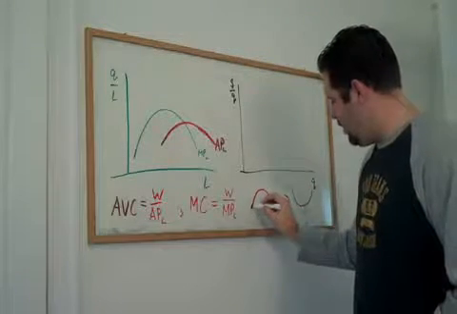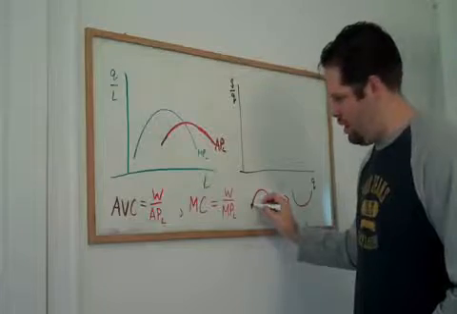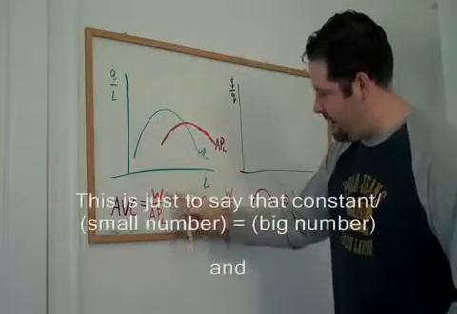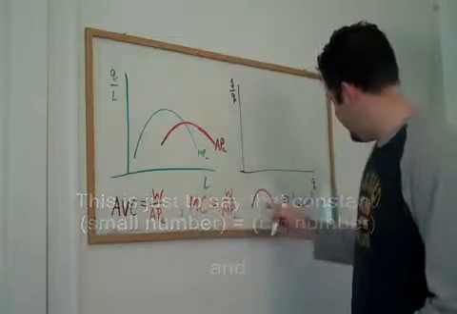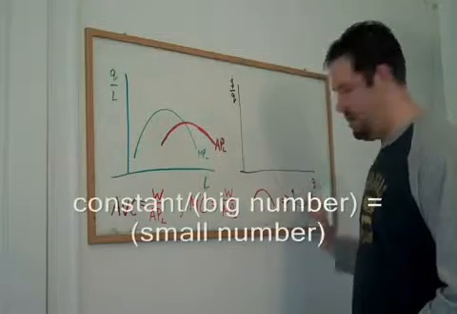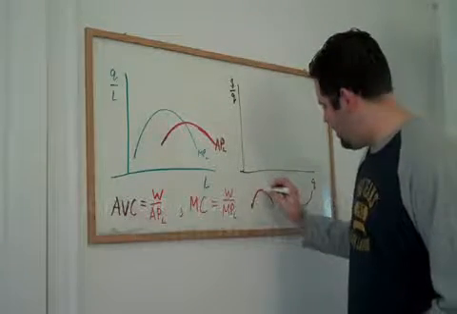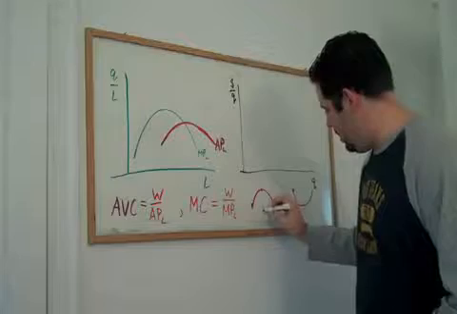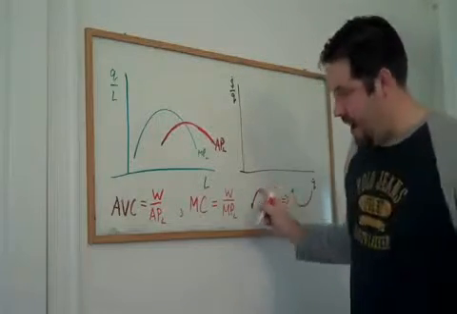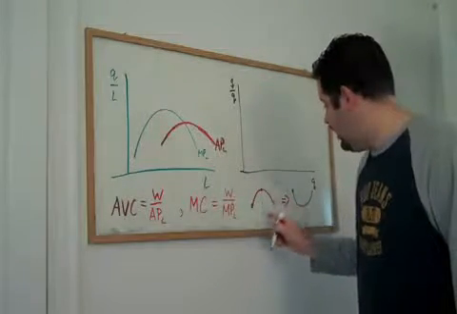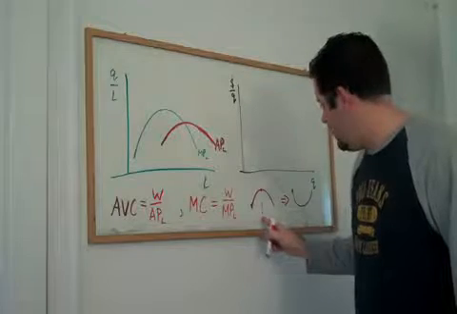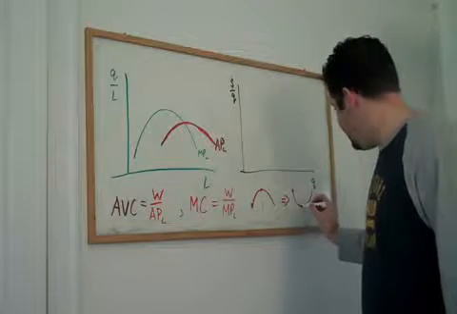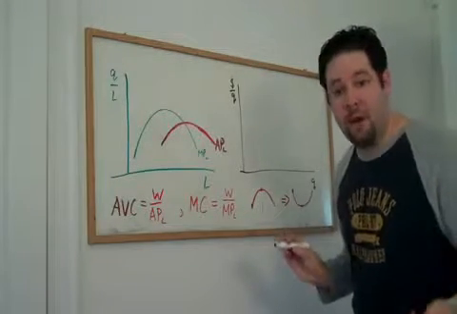Notice that when we have a low labor input and we divide that into the wage, that's going to give us a relatively high number. When we have an intermediate labor input and it gives us a high average product or marginal product, that's going to give us a low number because we're dividing by a bigger number.